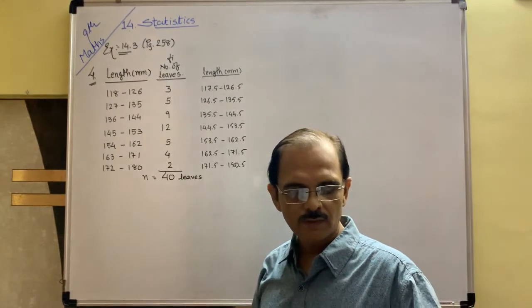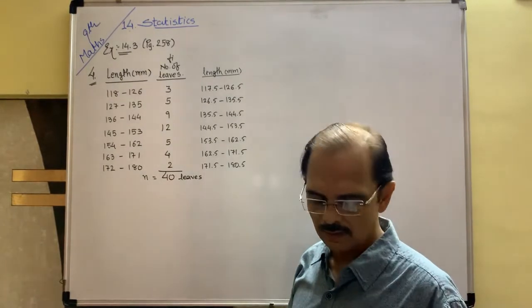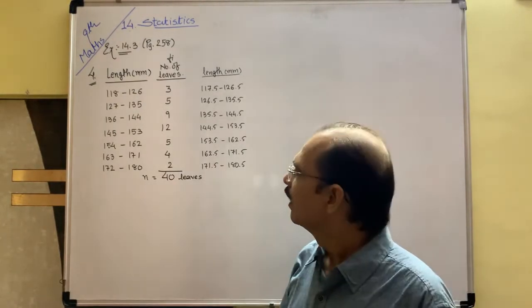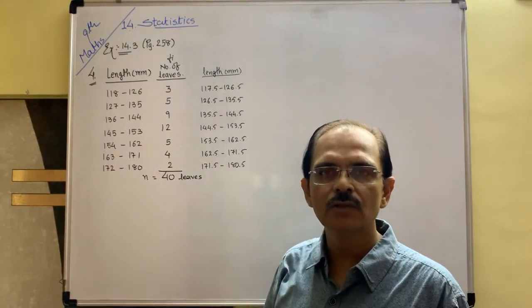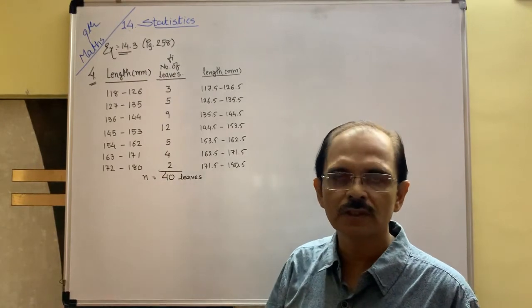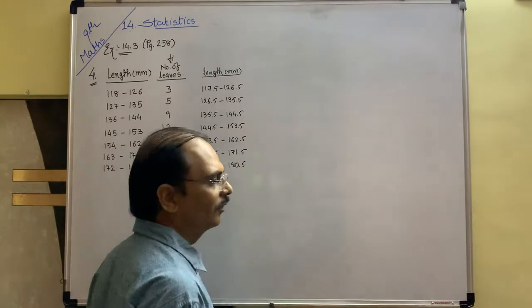Now read the question. The first is draw a histogram to represent the given data. In this, first make the class interval continuous. Okay? So we made it already. We don't need any hint because we know that if you want to draw a histogram, then you need continuous frequency distribution. Now, how to draw the graph?